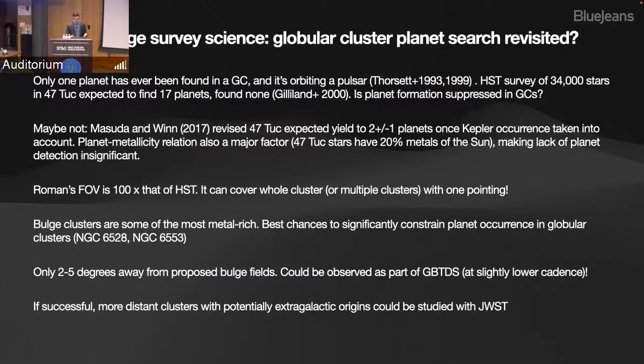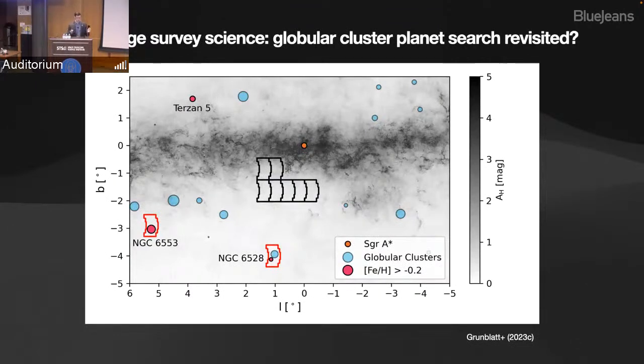And if it works, there's lots of potential for additional studies of planets in clusters with both JWST and the Roman general astrophysics surveys. Within just a couple of degrees of the proposed galactic bulge survey fields, additional Roman pointings could cover a few of the most metal-rich, and therefore best potential planet host, globular clusters in our galaxy.